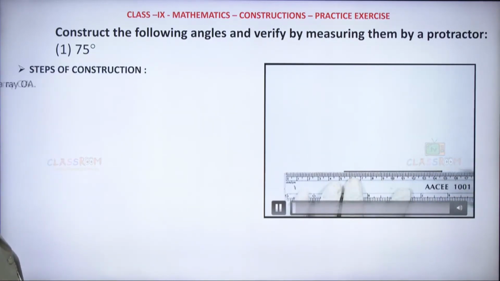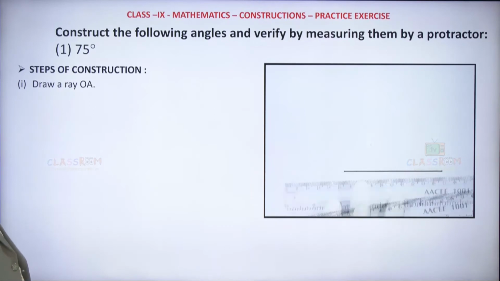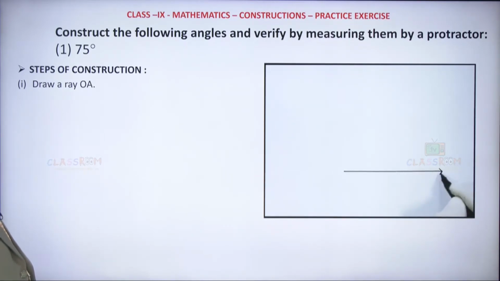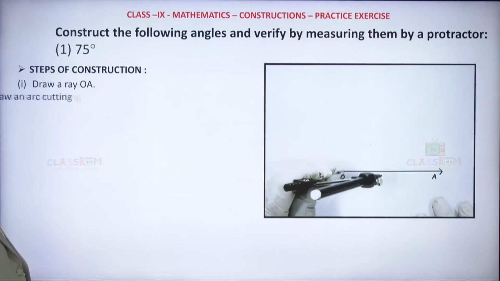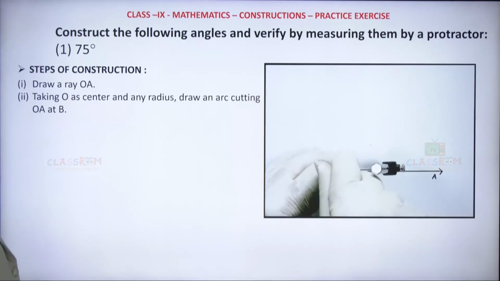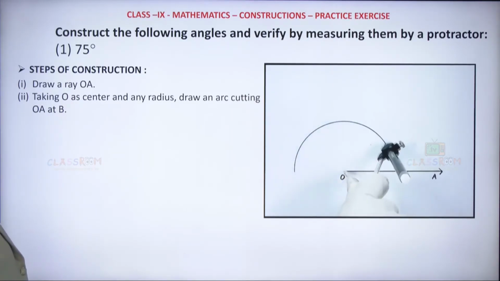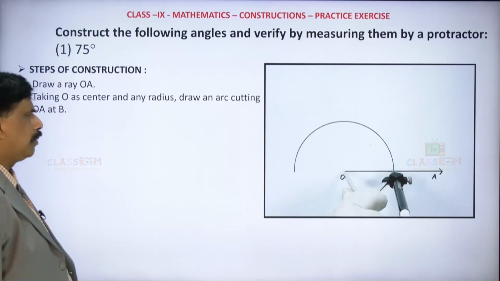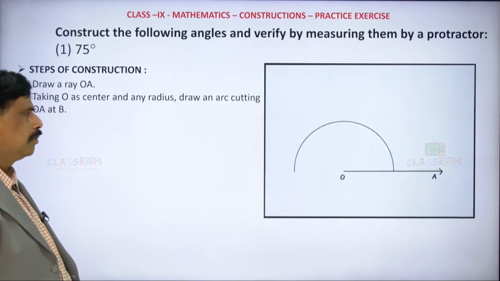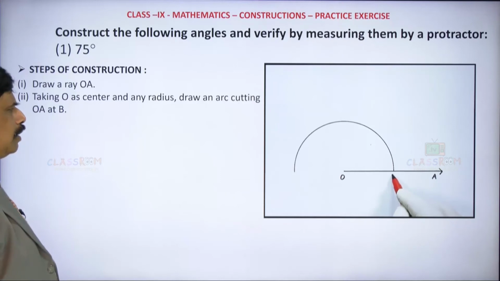So first, draw a ray OA and taking O as center and any radius, draw an arc cutting OA at B. Okay, so this arc cuts at B now.